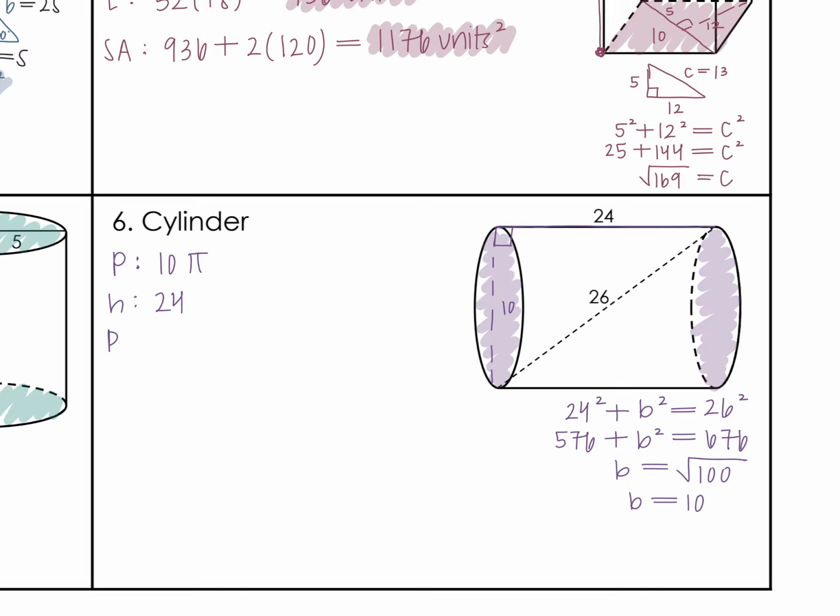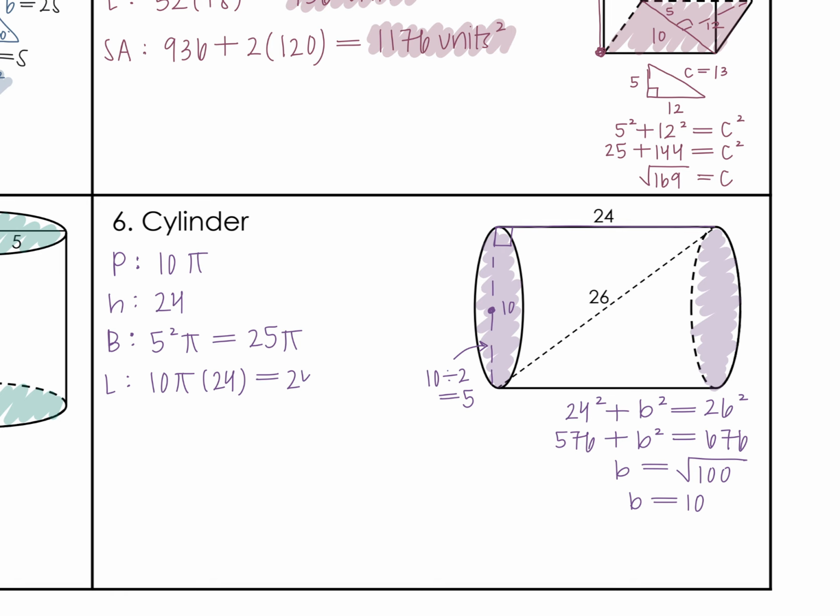And then for my capital B, area of the base, here I do need to figure out what my radius is since I have my diameter. Well, remember your radius would just be half of your diameter. So that 10 divided by 2 is going to give me a radius of 5. So we'll have 5 squared times pi to get 25 pi. Plugging in for my lateral area, we have our P, so 10 pi times our H, 24.